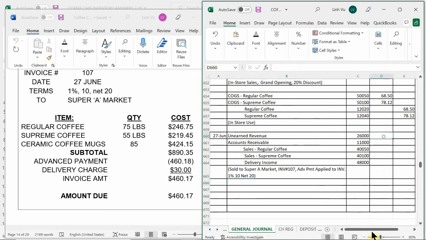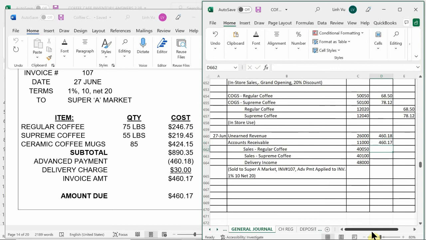Okay. So again, the accounts receivable, the unearned revenue, which was recorded in our journal here, in our scenario, that we have received an advance payment for $460.18.